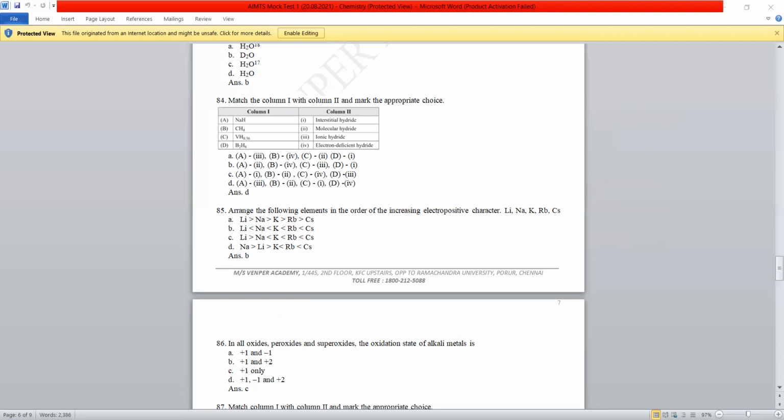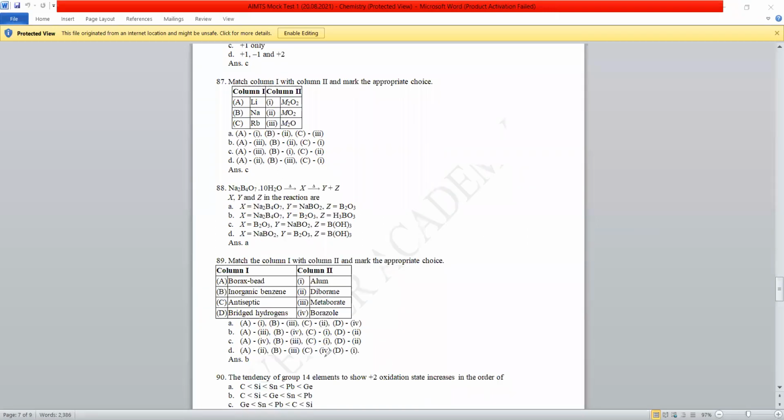Next, question number 87, we can go, students. In question number 87, column 1 they have given 1A group elements, column 2 they have given the type of oxides.